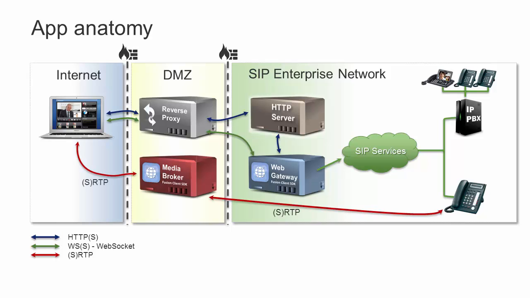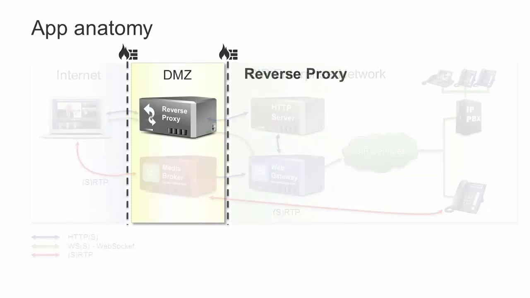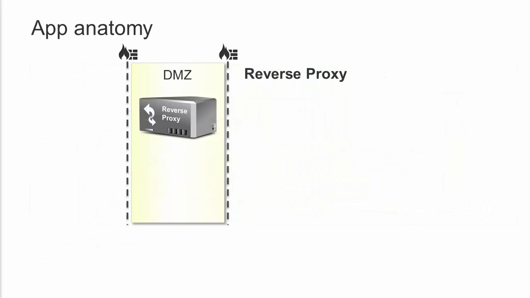The media broker, responsible for handling RTP and secure RTP traffic, also fits into the DMZ, configured over HTTP from the Fusion Web Gateway. Now, use of a reverse proxy is not mandatory, but will offer a number of security benefits, especially in use cases involving clients situated on the open internet.